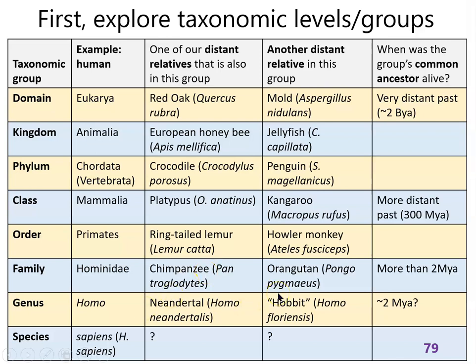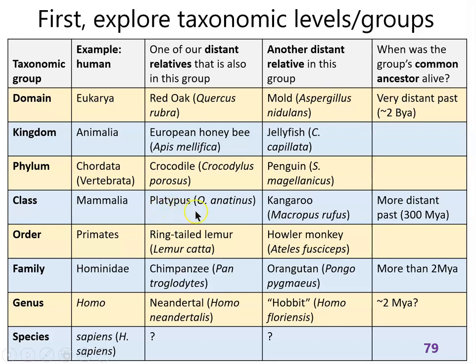I don't have all these numbers, but for the genus Homo, it's something like 2 million years ago when the common ancestor we have with Neanderthals and hobbits was alive. All of the mammals have a common ancestor.